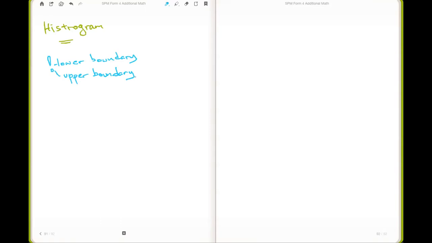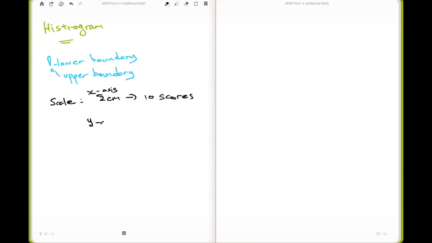Well, if you have graph paper, I don't have graph paper here. If you have graph paper, you can use the scale over there. 2 cm represents 10 score over the horizontal axis, meaning the x-axis.